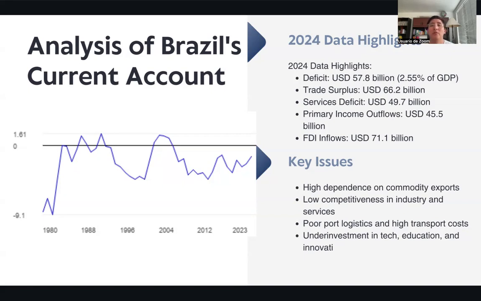The country received $71 billion in foreign investments, but issues like low competitiveness and weak infrastructure hurt its current account. A long-term deficit could bring risks like currency instability and vulnerability to global shocks.